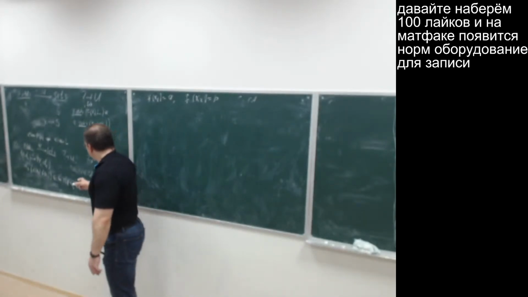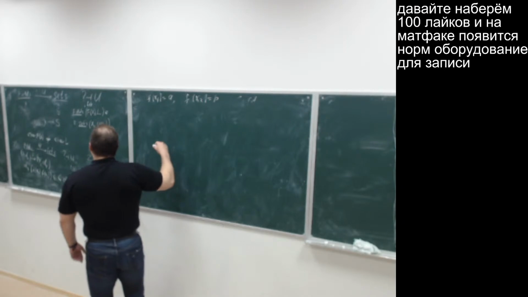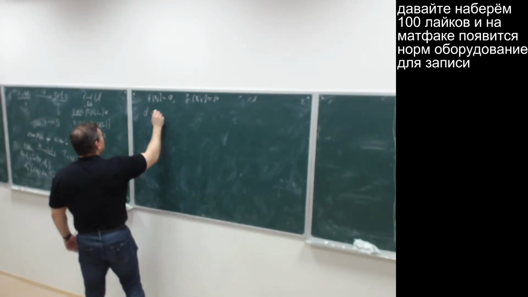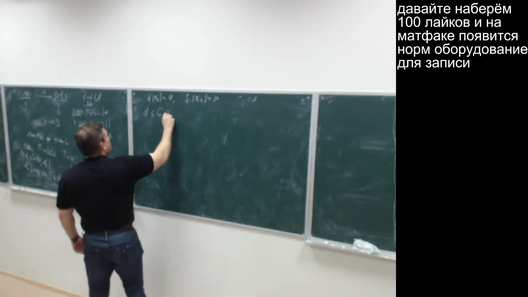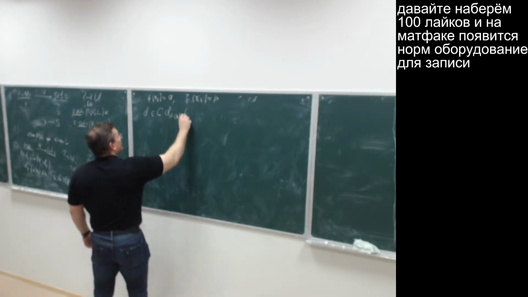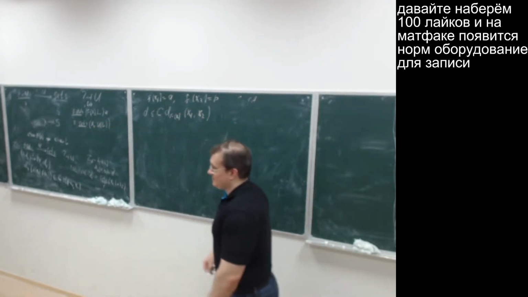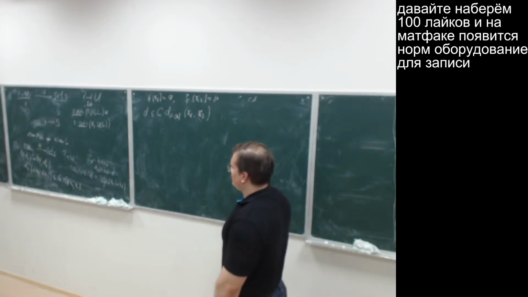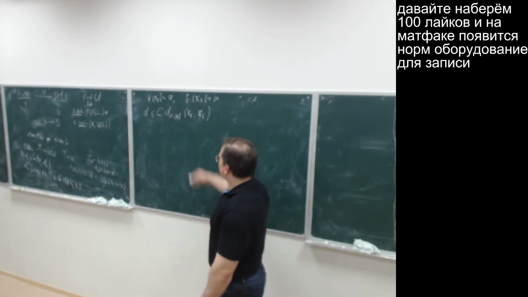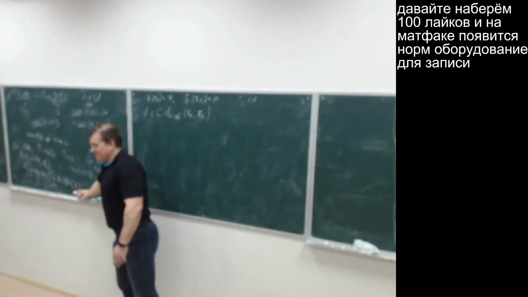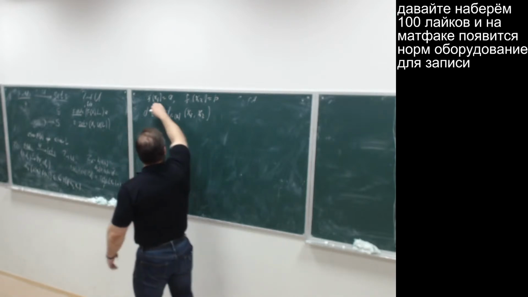But then, if there is a Lipschitz map here, it means that D is bounded by C times the distance on X between x1 and x2. Right? What are x1 and x2 here? Two points. It's just by definition of a Lipschitz map. So I choose any map that satisfies this property.